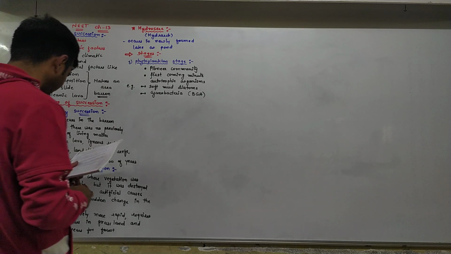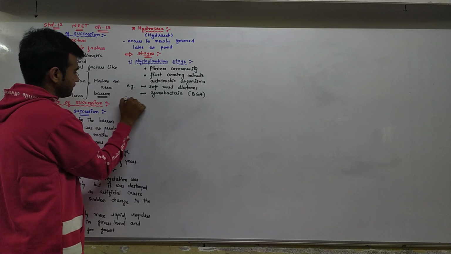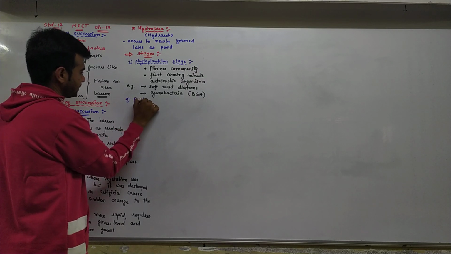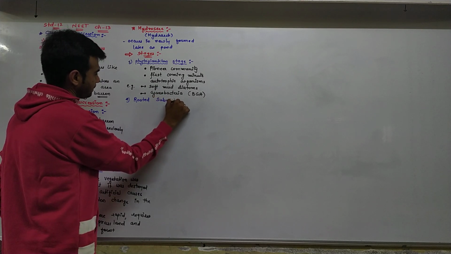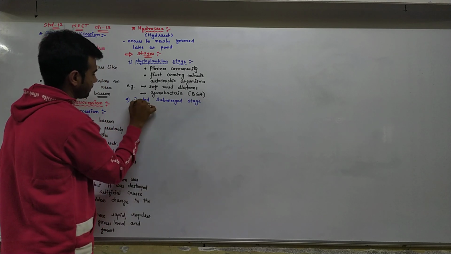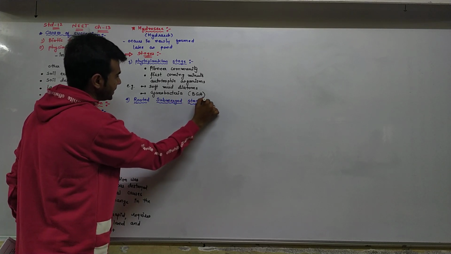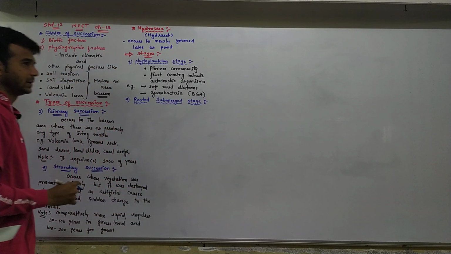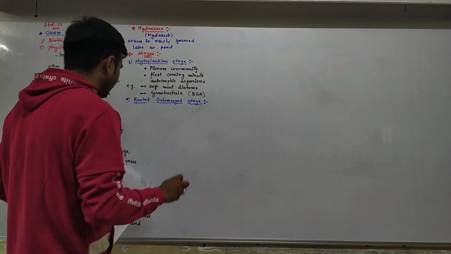Second is the rooted submerged stage. You know that submerged means it is present inside the water and the roots are present there. For example, Vallisneria.